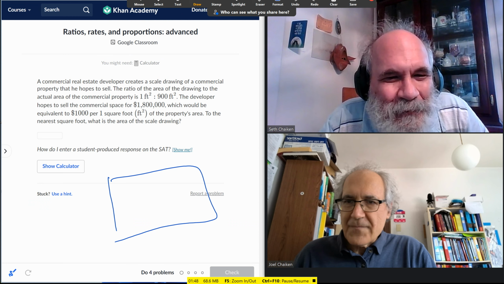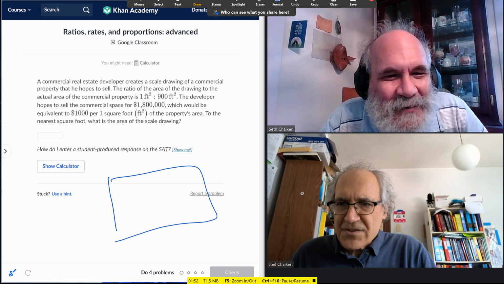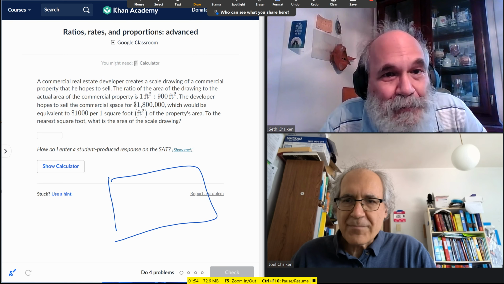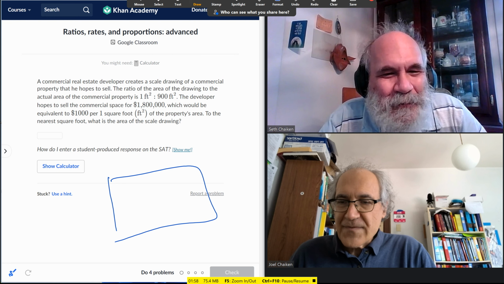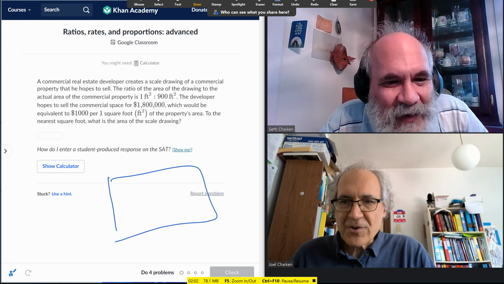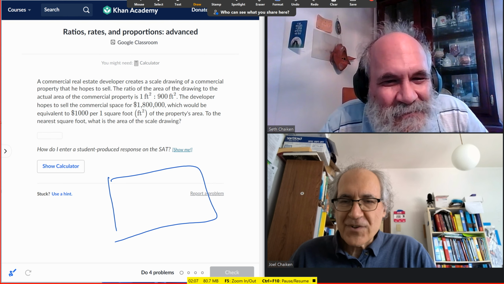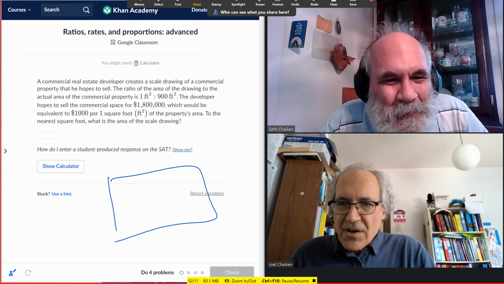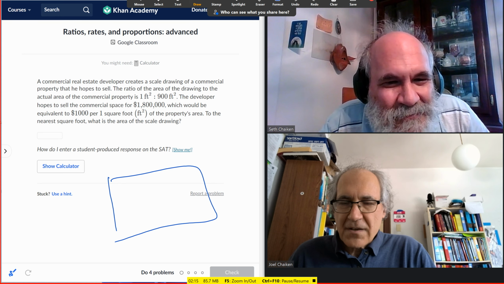The ratio of the area of the drawing to the actual area of the commercial property is 1 square foot to 900 square feet. The developer hopes to sell the commercial space for $1.8 million, which would be equivalent to $1,000 per square foot of the property's area. To the nearest square foot, what is the area of the scale drawing?